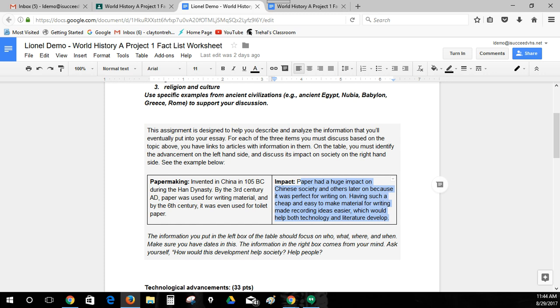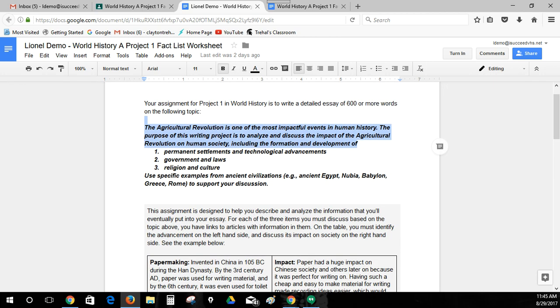So you can see that the information on the left should focus on who, what, where, and when, and the information on the right comes from your mind, and it answers this question: how would this development help society? So again, remember, you're going to have 3 body paragraphs in this essay. One is technology, one is government and laws, one is religion and culture.